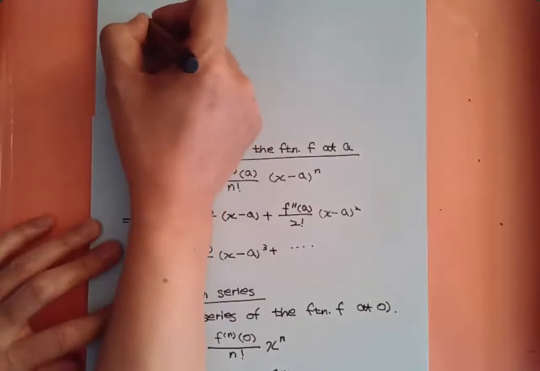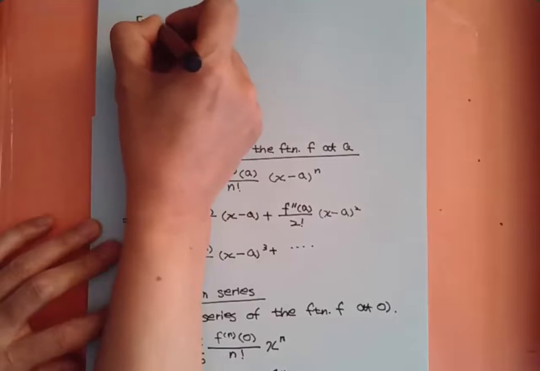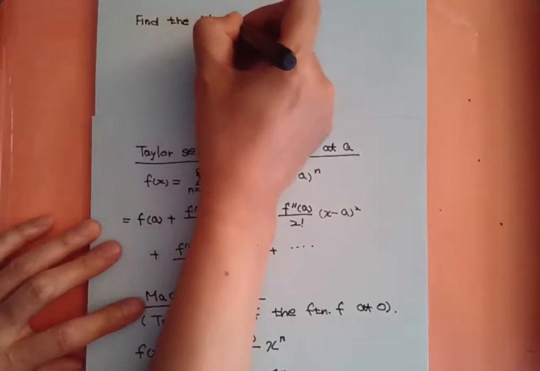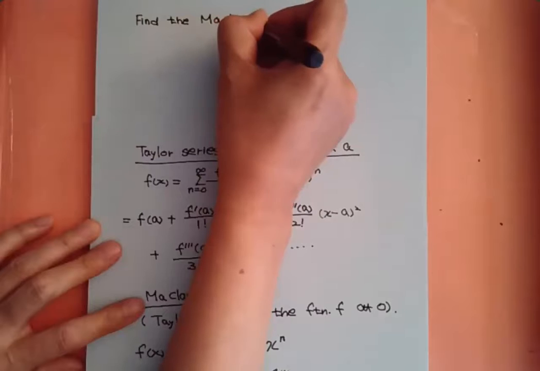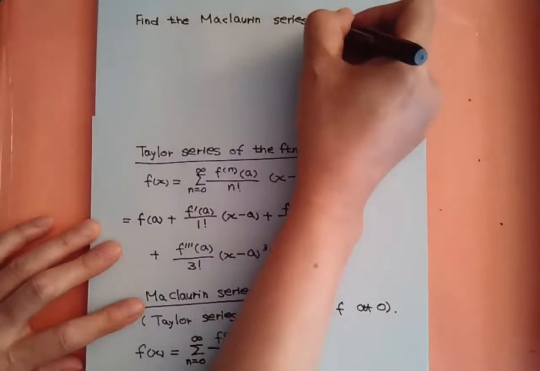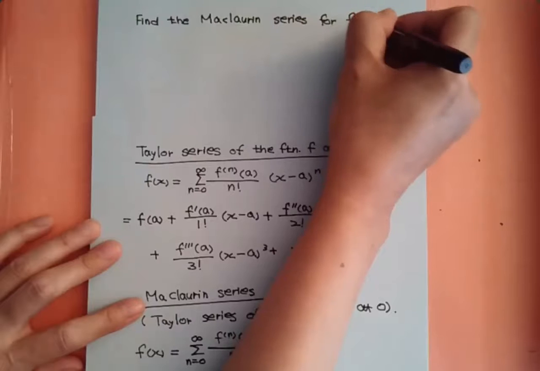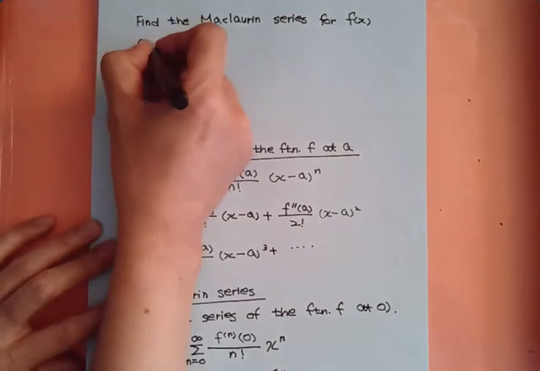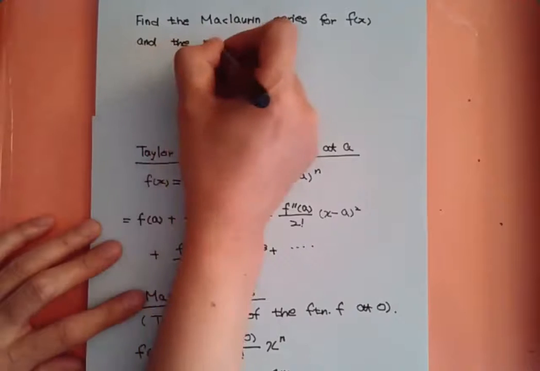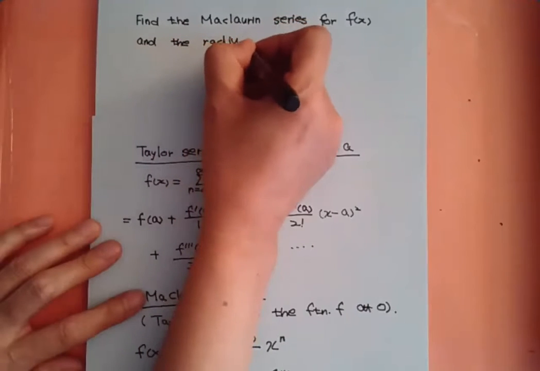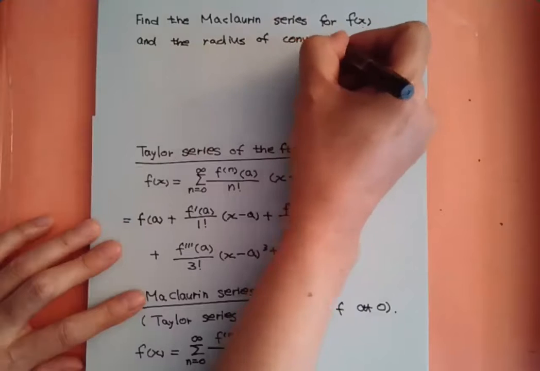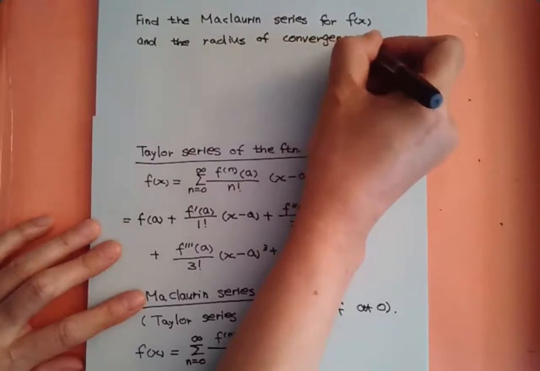So find the Maclaurin series for the function f of x and the radius of convergence r.